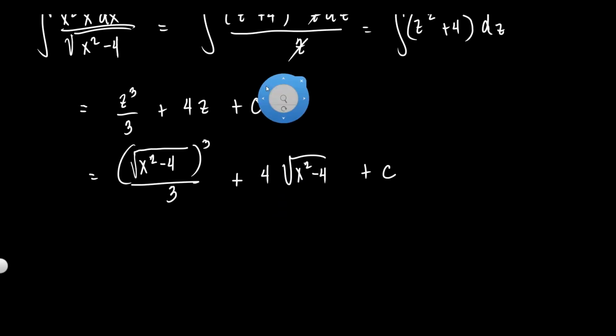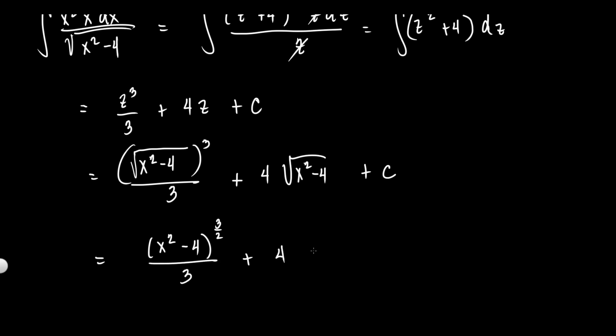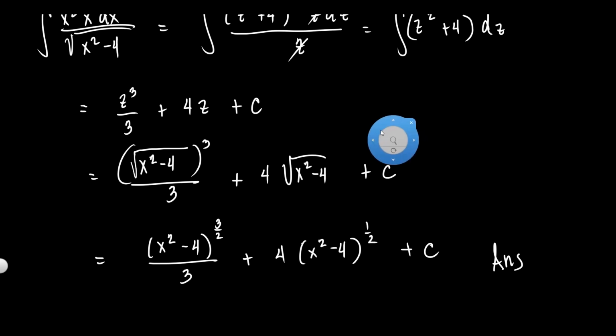So ito pwede siya as equal to x squared minus 4 raised to 3 halves over 3, and this one, 4 times x squared minus 4 raised to 1/2 plus c. So this is the final answer. So ayan, madali lang ang algebraic substitution.